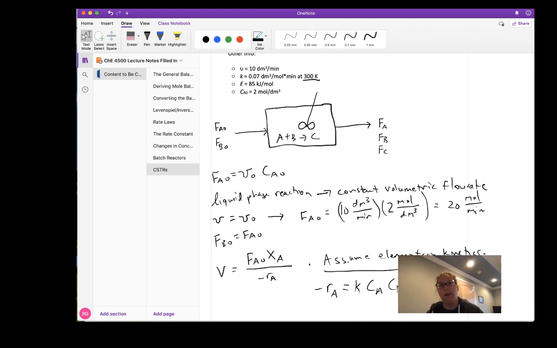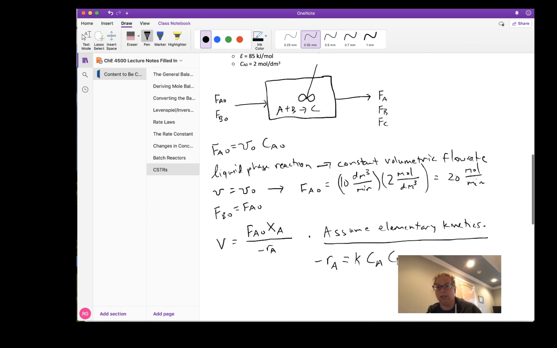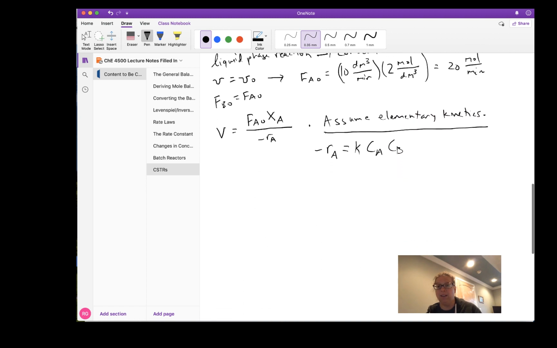So I know that my rate is going to be in units of moles per volume per time. My rate constant, in units of inverse concentration per time, multiplied by concentration squared, is going to give me the right units. So this tells me that my assumption of elementary kinetics is probably a good assumption.